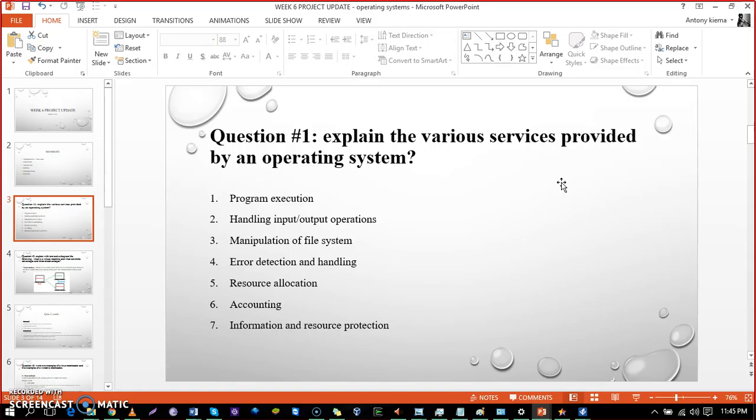Number 2, handling input and output operations. Number 3, the manipulation of the file system. Then error detection and handling. At number 5, resource allocation. And at number 6, the last but not least, accounting, information, and resource protection.